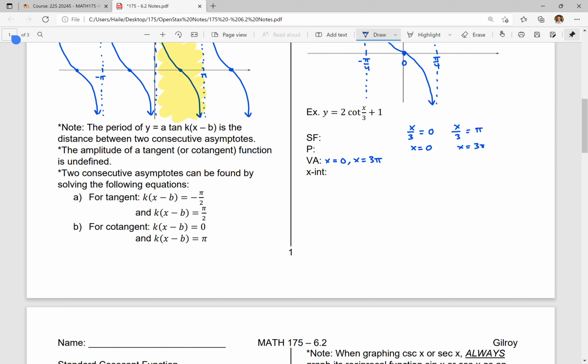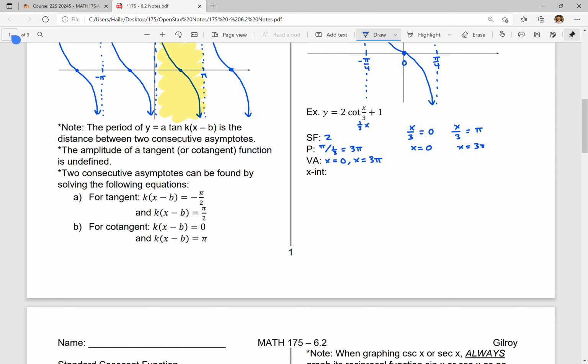The stretching factor is going to be this 2 that's multiplied by the cotangent. The period we can get by taking pi and dividing by 1/3. So we can think about this x over 3 as 1/3 times x. And so if we do this division, this turns out to be 3 pi.